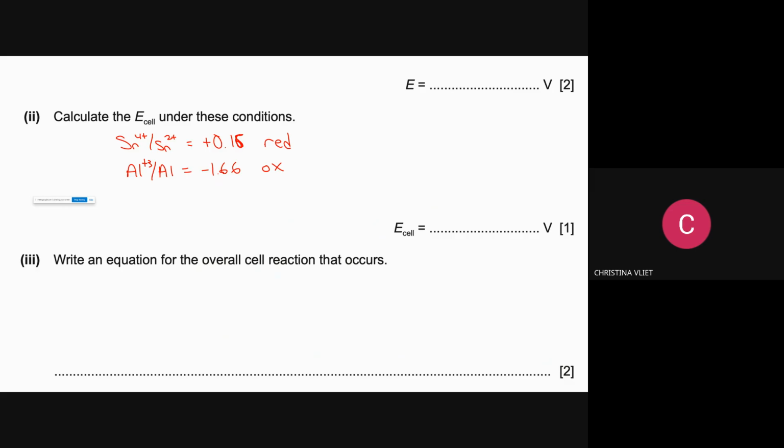So then it's E red minus E ox is the E cell, which is positive 0.16 minus negative 1.66, positive 0.16 plus 1.66, which gives you 1.82.